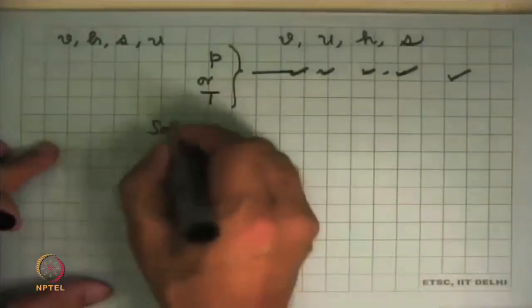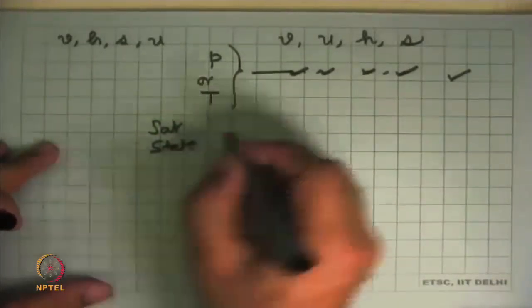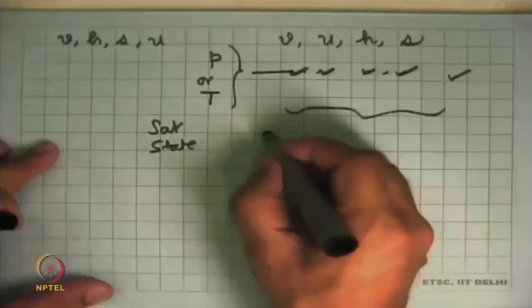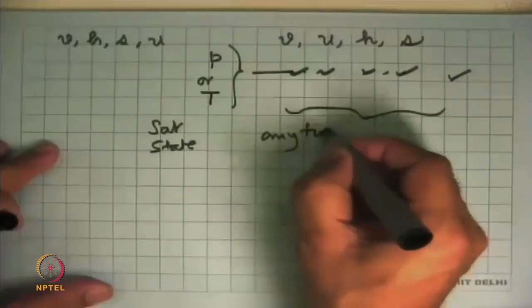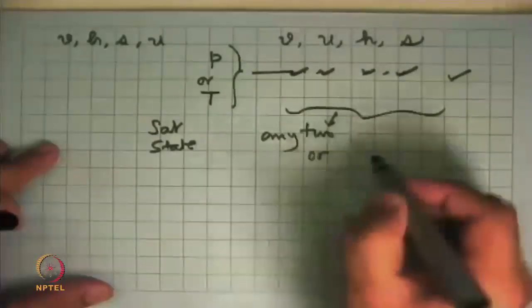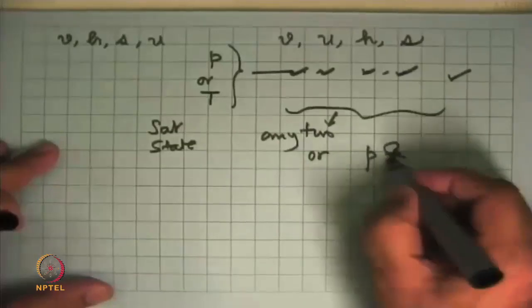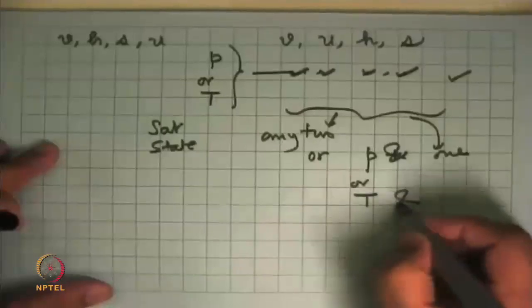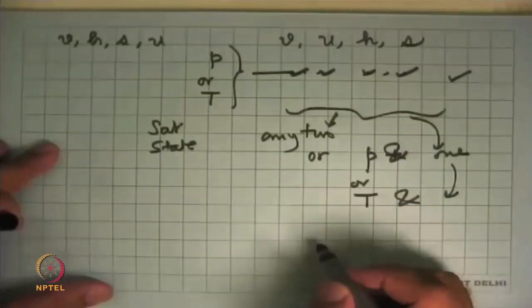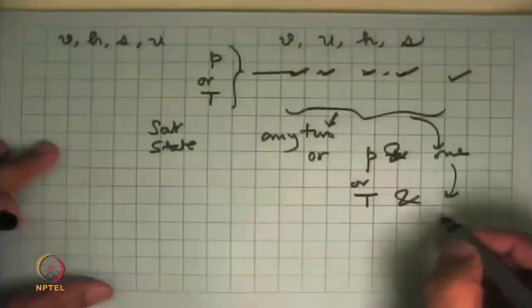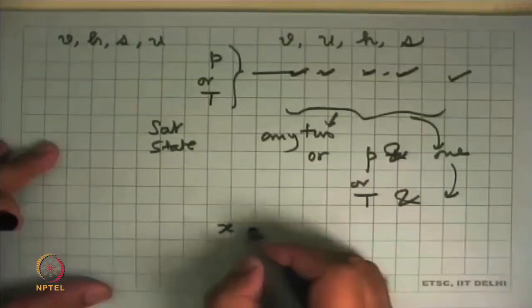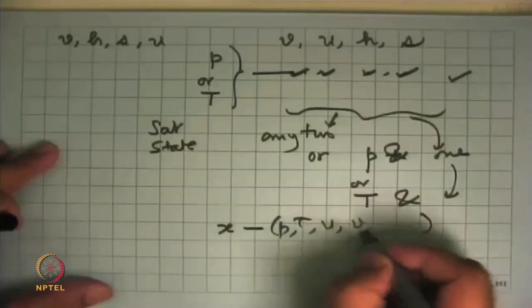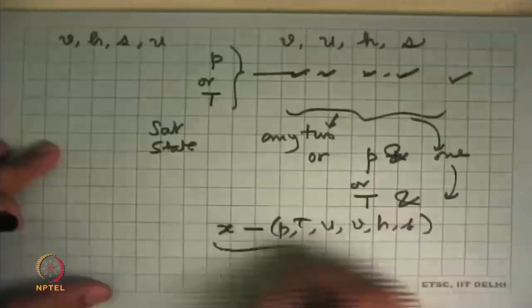But in saturated state, it has to be either any two of these, or pressure and any one of these, or temperature and any one of these, or any of these with X. So X with any of these properties P, T, U, V, H, S will constitute two independent properties.